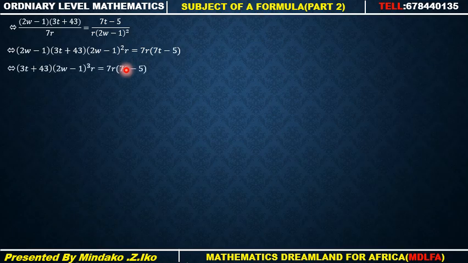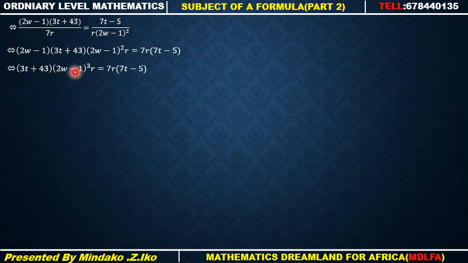Okay, so we have now noticed that if this 2w minus 1 multiplies with this other 2w minus 1 all squared, we are going to have 2w minus 1 cubed. Now you notice that this r and this 3t plus 43 is actually disturbing this 2w minus 1 cubed, since we are interested in the term having w.